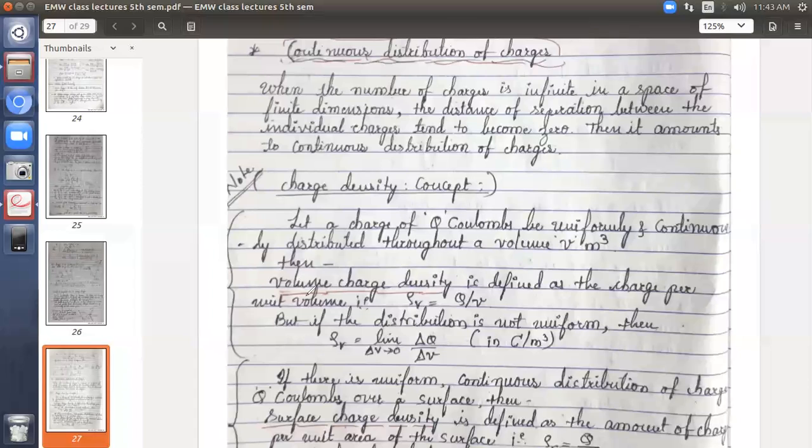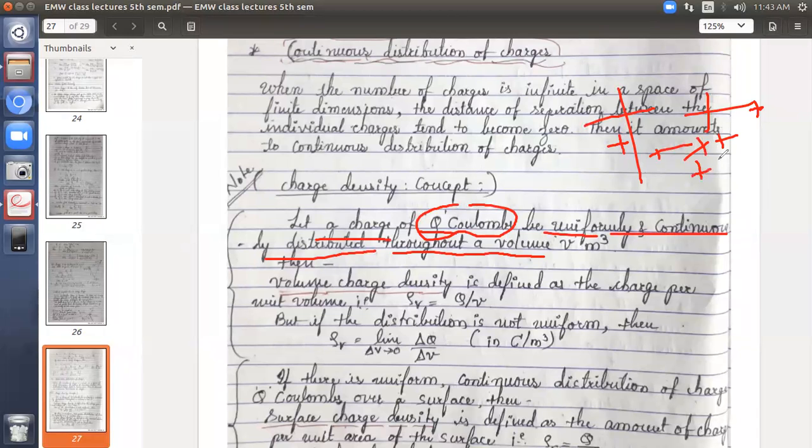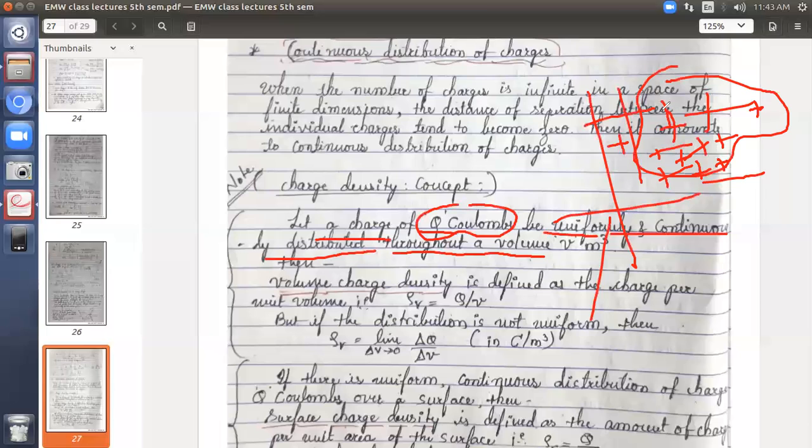Let a charge of q coulombs be uniformly and continuously distributed throughout a volume. Q coulombs of charge means there is not only one charge; there are many charges in the space, spread out. In three-dimensional space, in a certain volume, assume this is a cube.